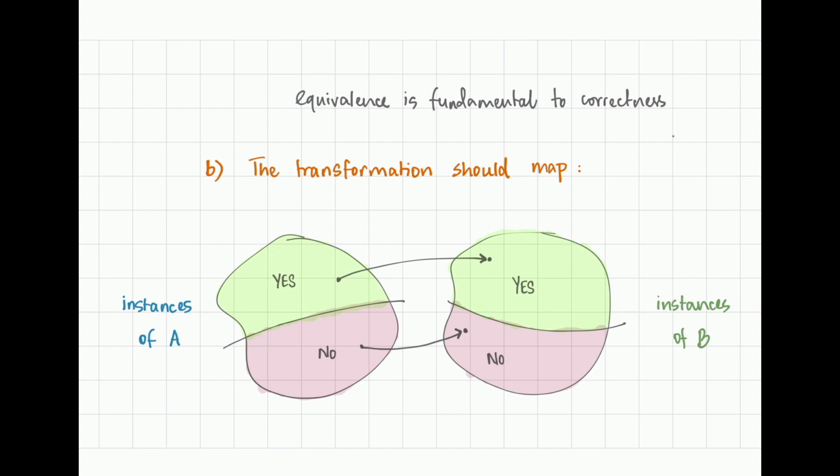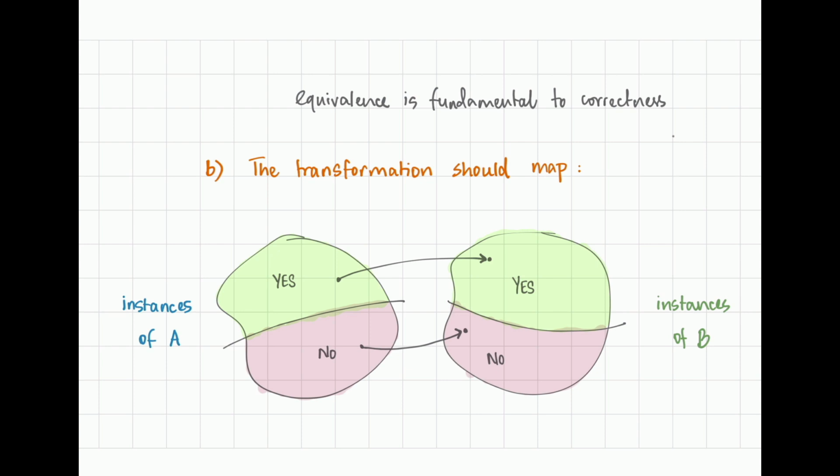So just to really spell it out, if the reduction maps an instance (x, k) of A to some instance (y, k') of B, we would want that (x, k) is a yes instance of A if and only if (y, k') is a yes instance of B. So this is equivalence, and this is the aspect of the definition that will help us argue the correctness of our would-be algorithm for A.